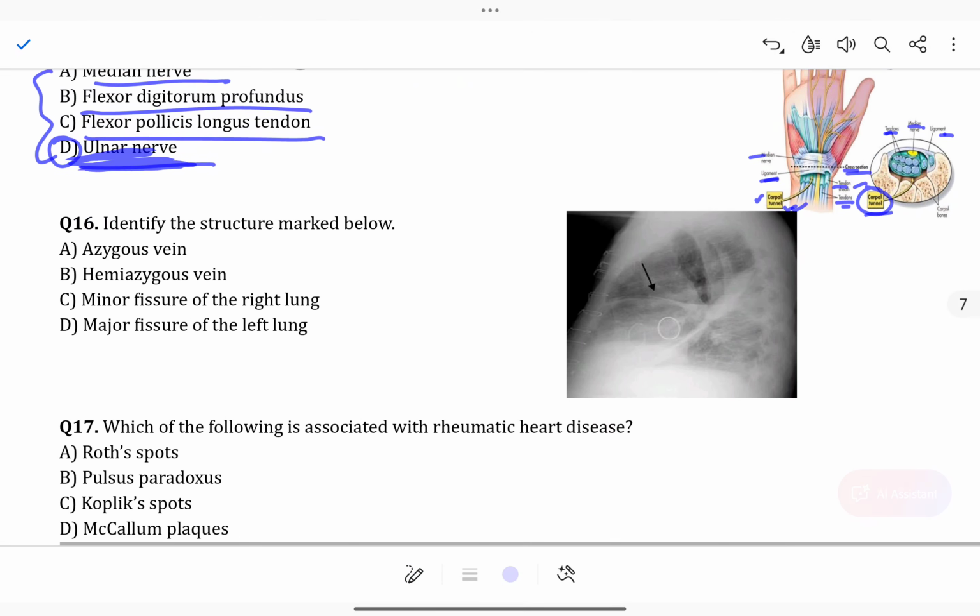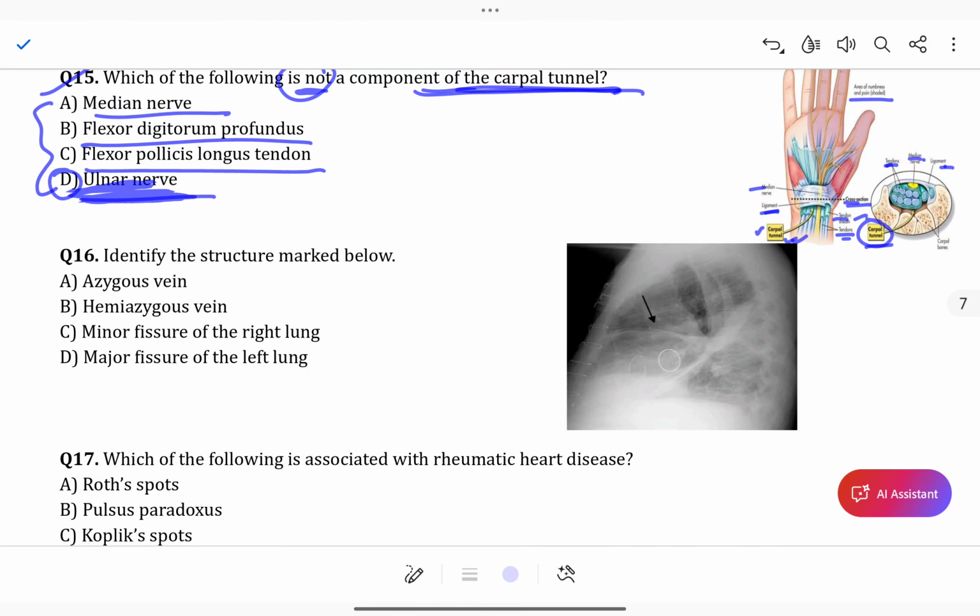Come to question number 16. Identify the structure marked below. This structure in the lungs, can you tell me what this is? There are three questions in this one. Option A, azygous vein, I don't think so.